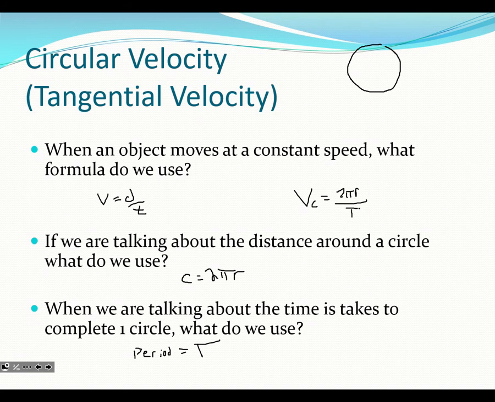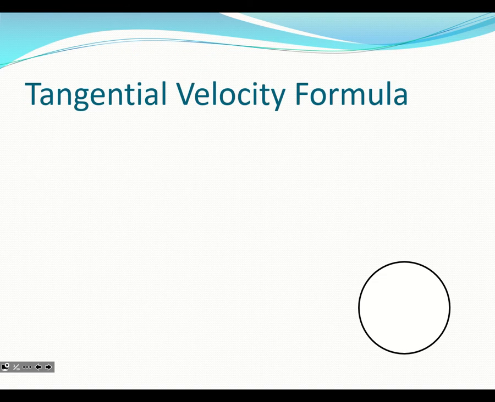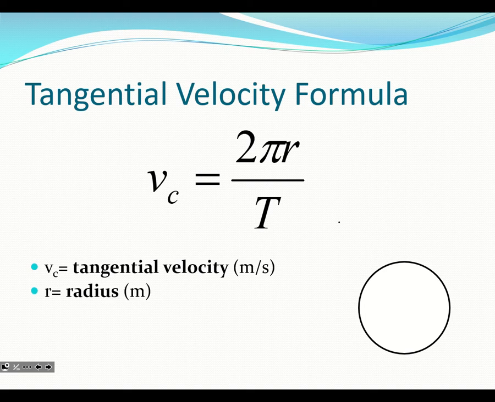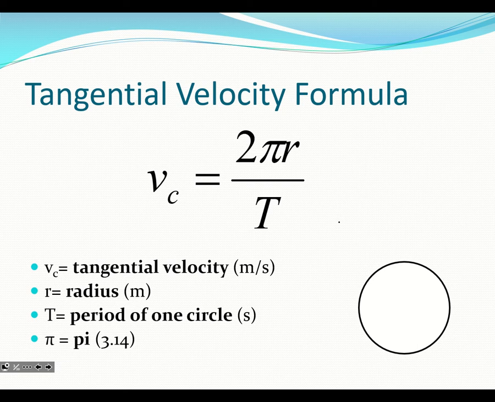And what we have is a brand new formula here, which is Vc equals 2 pi r over T, but really it's just d over t. Vc is our tangential velocity, r is our radius, T is our period, and pi is pi, 3.14159 or whatever pi is on your calculator. Use the pi button.